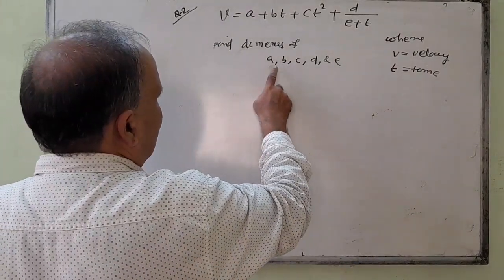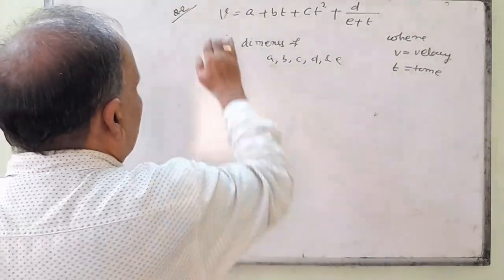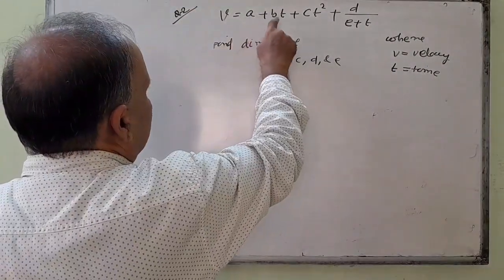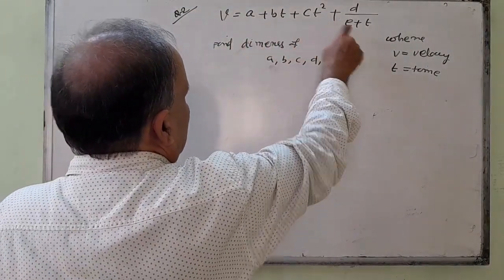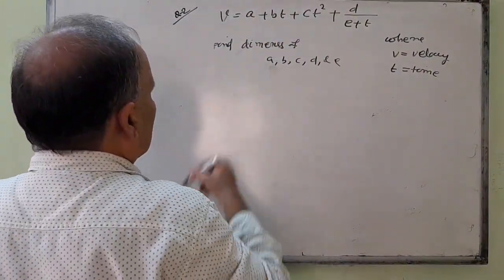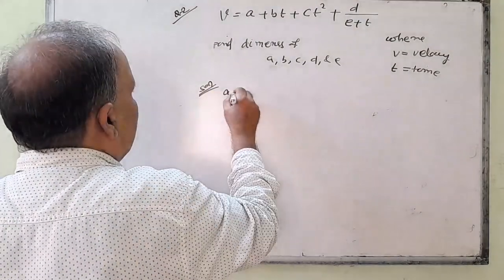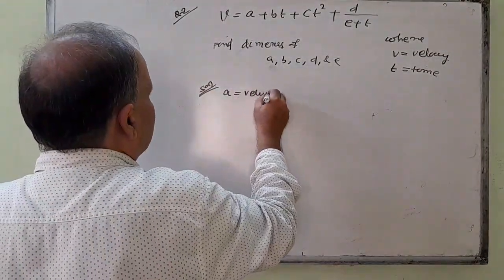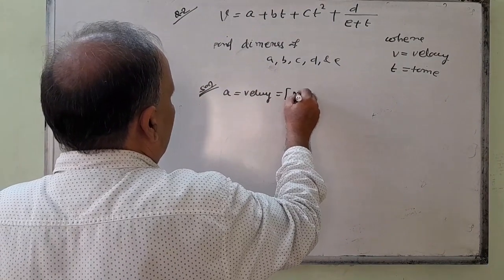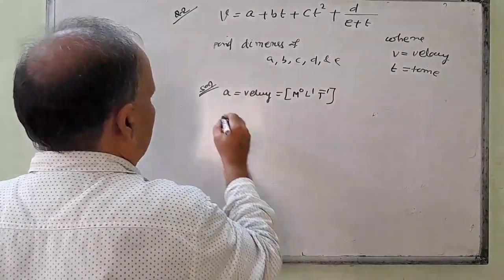Find the dimensions of A, B, C, D and E. You see, velocity is equal to this plus this plus this plus this. So each term must be velocity. So A is equal to velocity and its dimensional formula is M0 L1 T to the power minus 1.